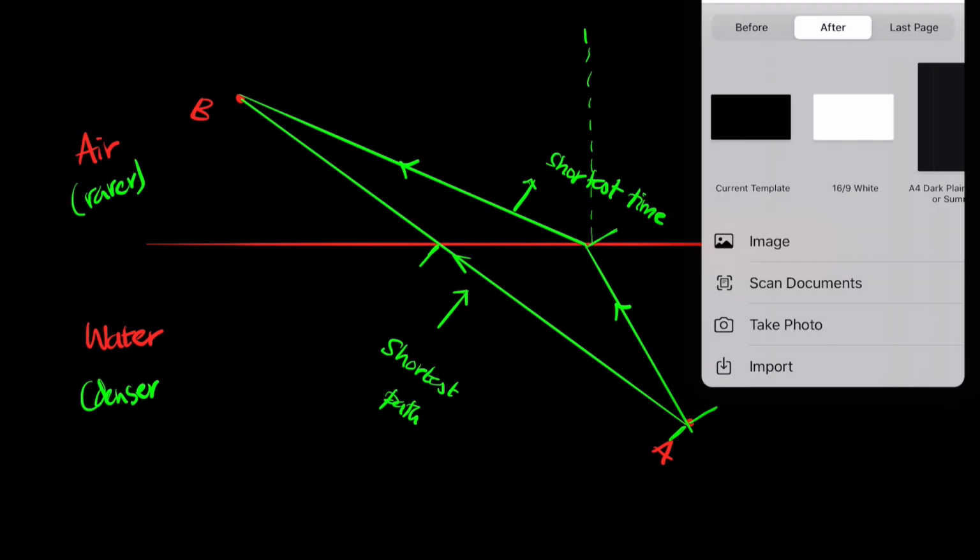So when you write it, let's say you're going from water into air. The light wave goes straight, but now it tries to take a longer path in the air, which means that it bends away from the normal.